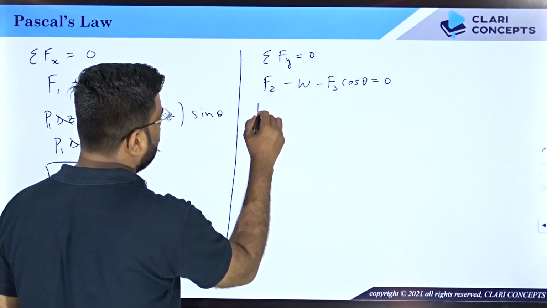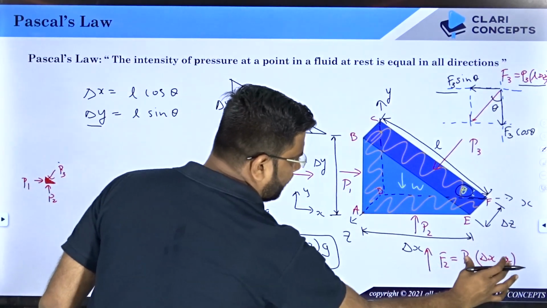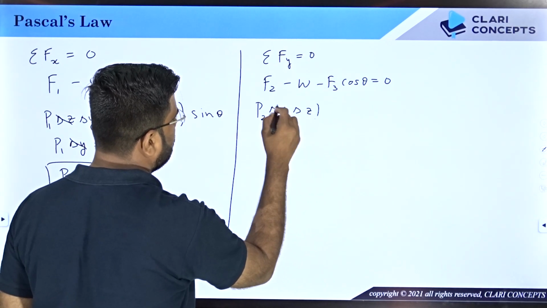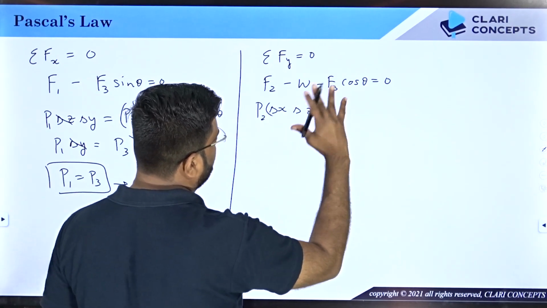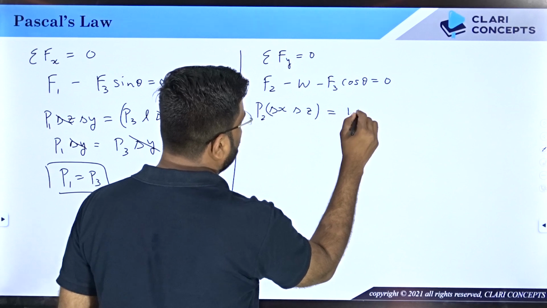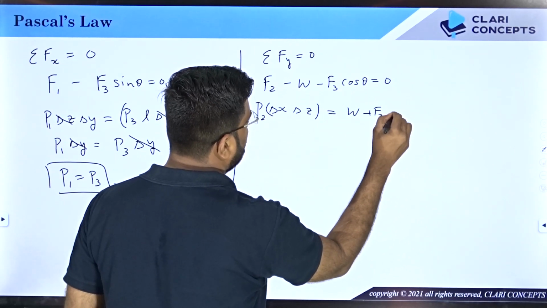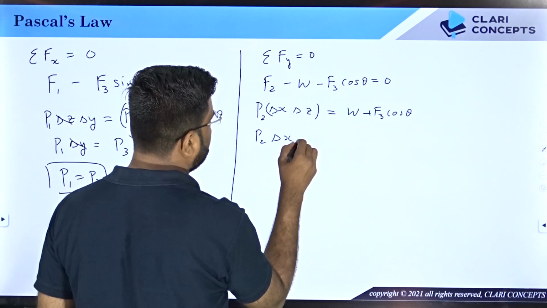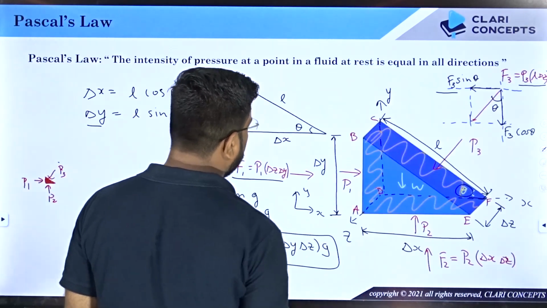Now what is F2? F2 will be P2 into delta x delta z. You take both these terms on the right hand side. This will be W plus F3 cos theta. So P2 delta x delta z should be equal to, what is W?